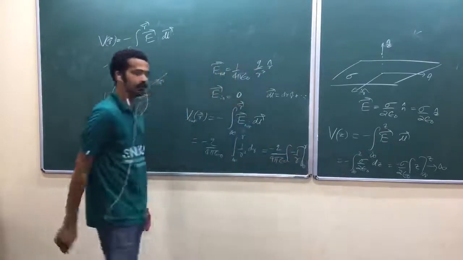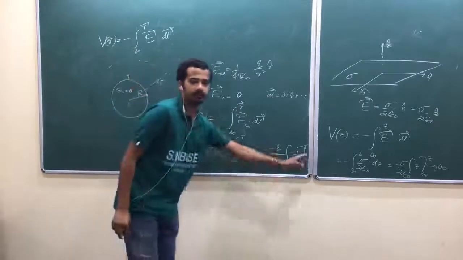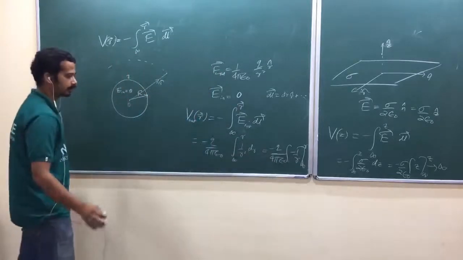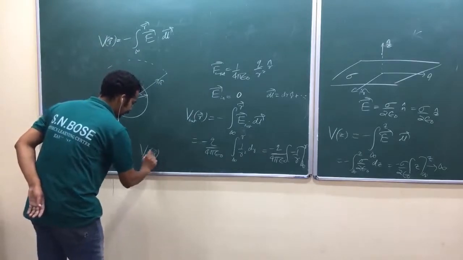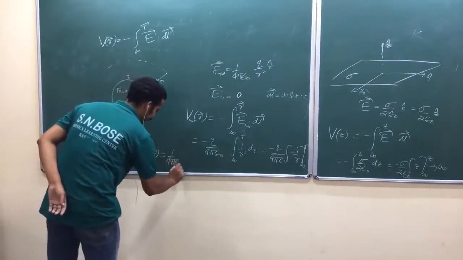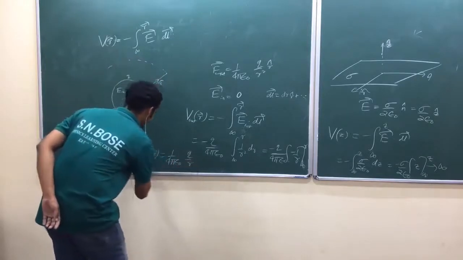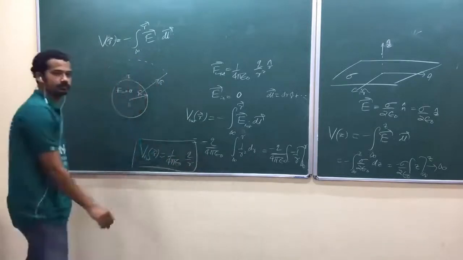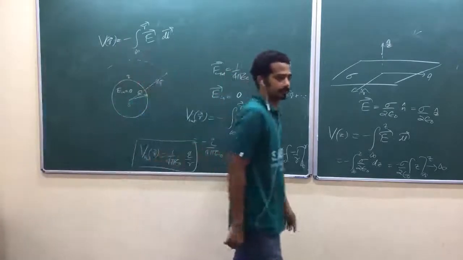Upper limit minus lower limit. So lower limit 1 by infinity is 0. Okay, upper limit minus 1 by r. Ultimately, so potential outside, that's equal to 1 by 4 pi epsilon naught q by r. If we haven't taken that negative sign, you will get negative.